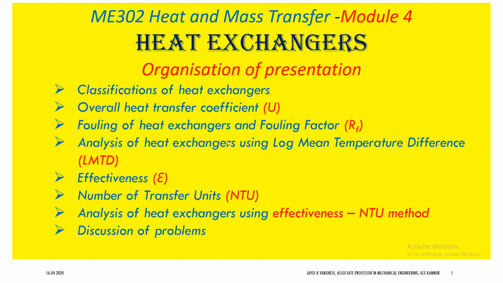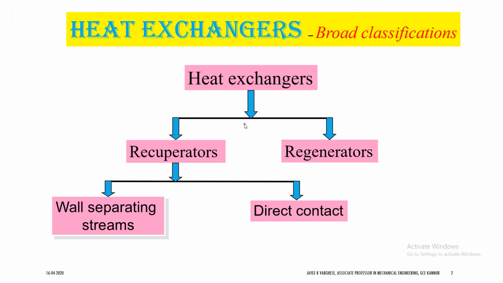So now we will begin our first lecture on classification of heat exchangers. Heat exchangers can be classified in different ways. There are different methods by which heat exchangers can be classified.